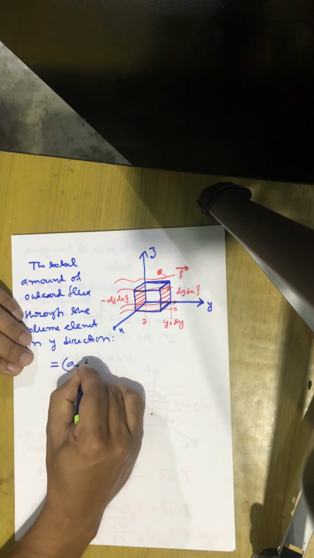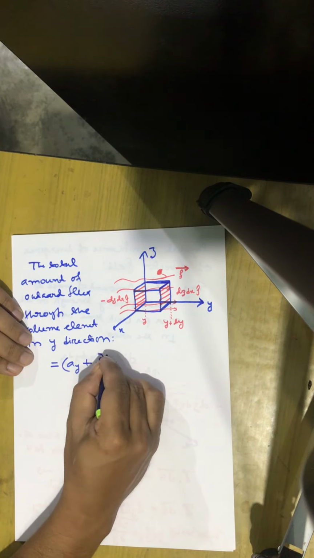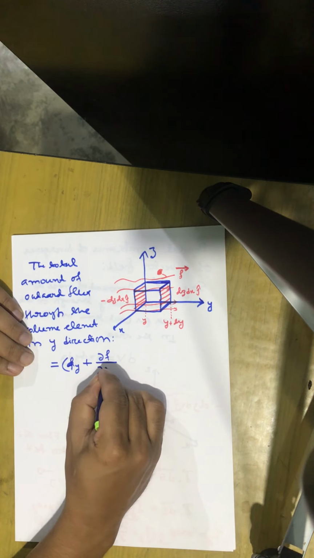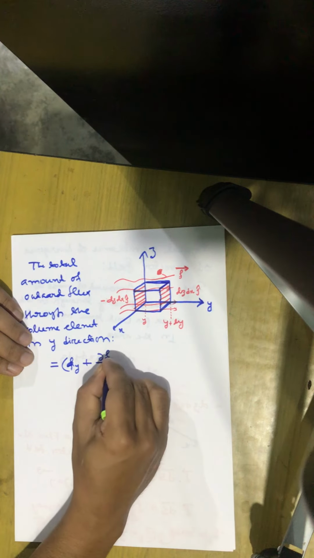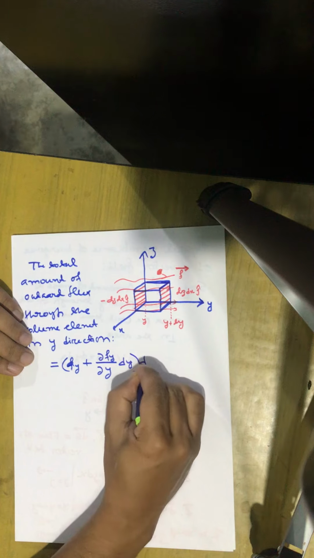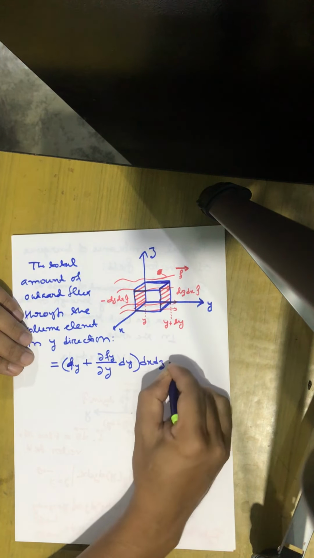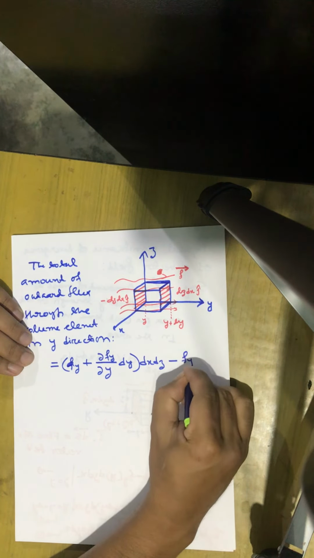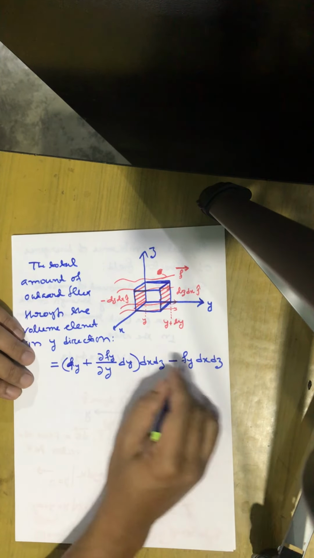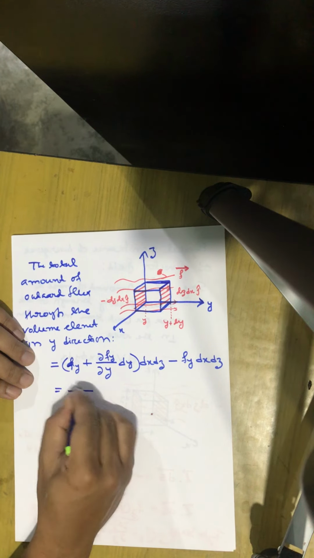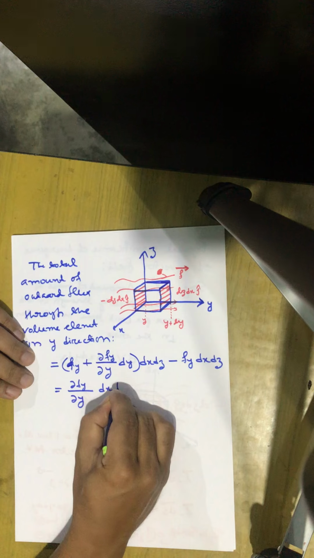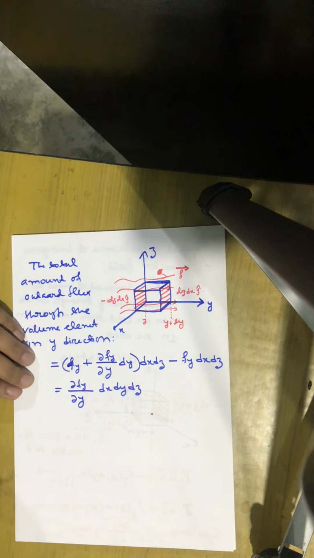fy plus delta fy, that is fy plus delta f divided by delta y into dy, into dx dz, minus fy dx dz. So this value will give us del fy by del y into dx dy dz.